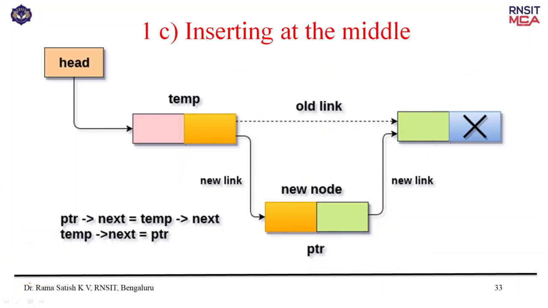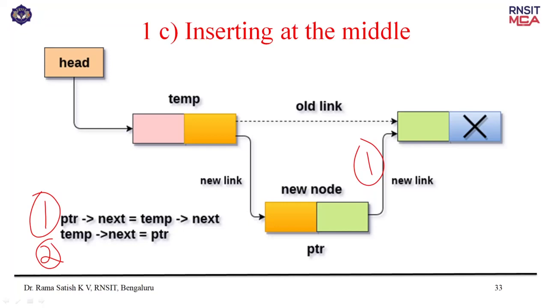That's what you can see here. This is the first thing that you are doing: PTR of next is equal to temp of next. That is the first step. Second step, the temp of next is equal to the new node, instead of the cell it was pointing to.